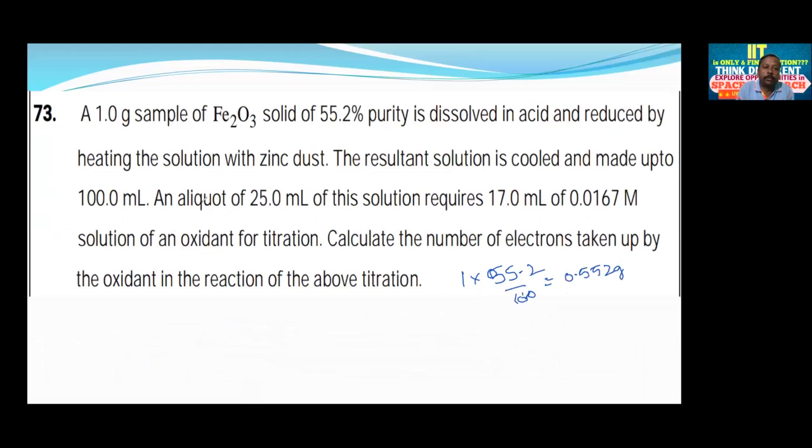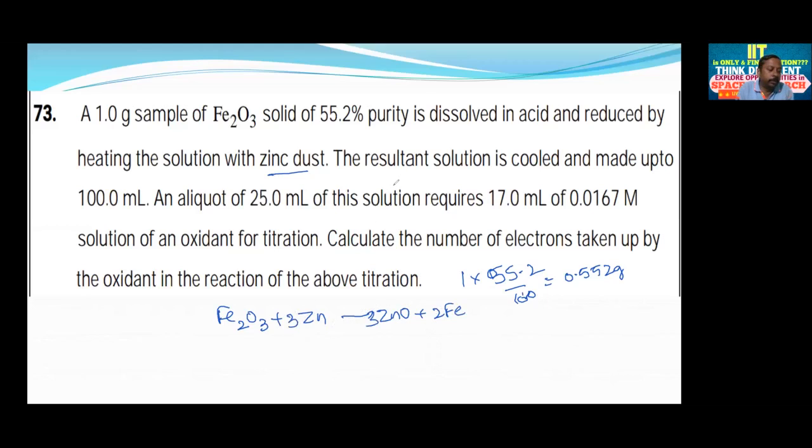It is reduced by heating with zinc dust. So the Fe2O3 reaction I am writing here, Fe2O3 plus zinc. Zinc will be oxidized and iron will be reduced. For balancing, 3 zinc and 3 zinc oxide.